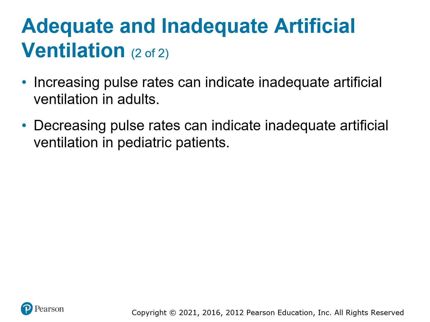It will actually increase because they are no longer getting the kind of oxygen their body needs, so their pulse will go up to compensate. Conversely, in a pediatric patient, if you are ventilating them and their pulse starts to go down, that might be the indicator that you are inadequately ventilating them.